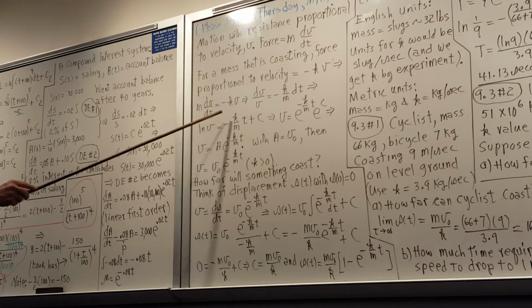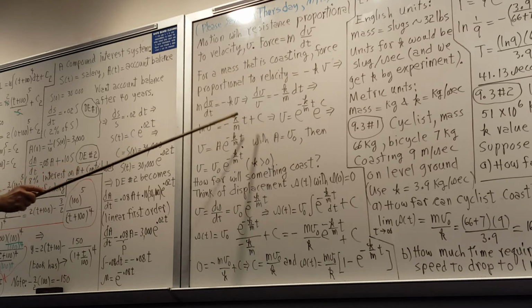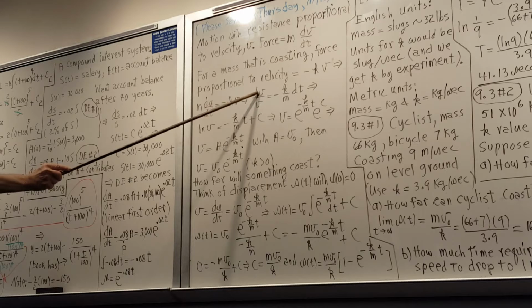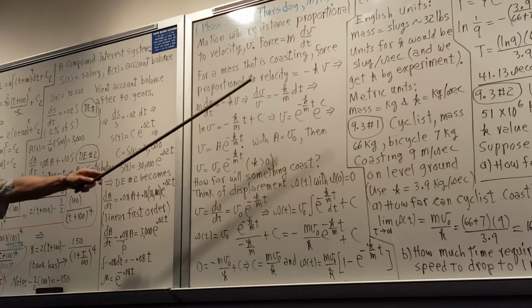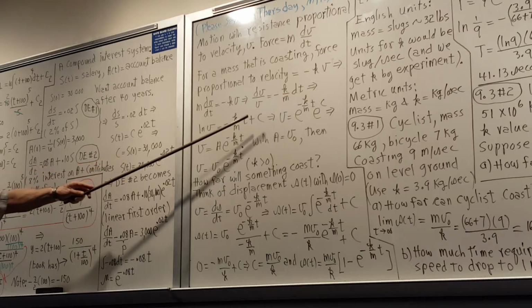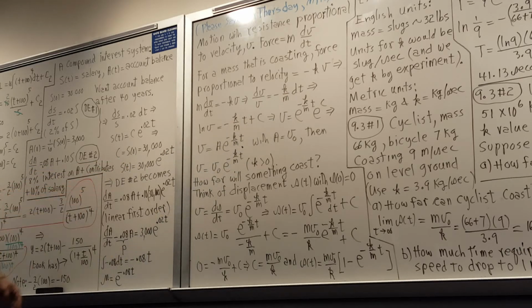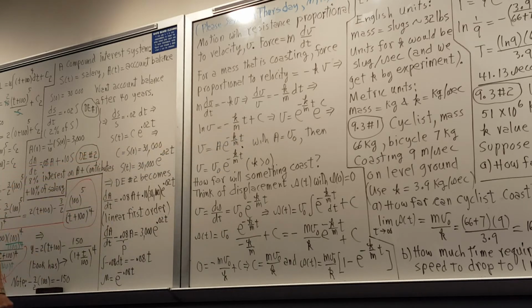So you separate variables, as you've studied how to do, and then you integrate both sides. Your integral dv over v gives you the log, and your integral here makes this into a t, and you put on a constant. And this is the logarithmic form of the solution.